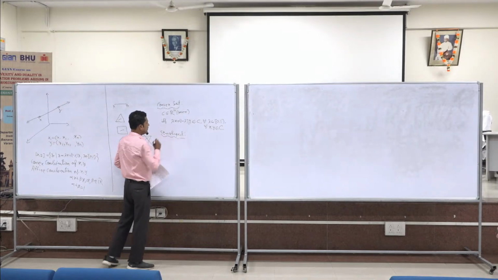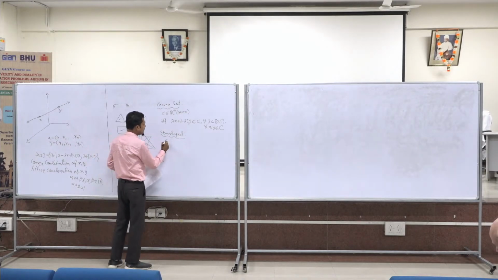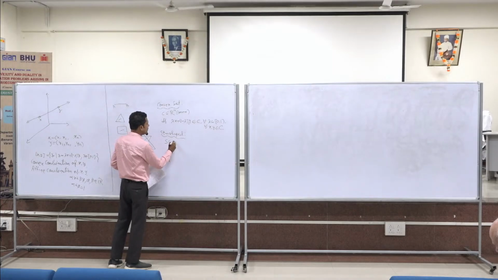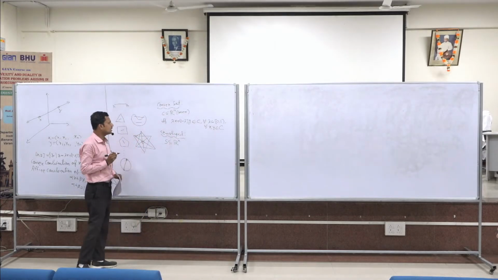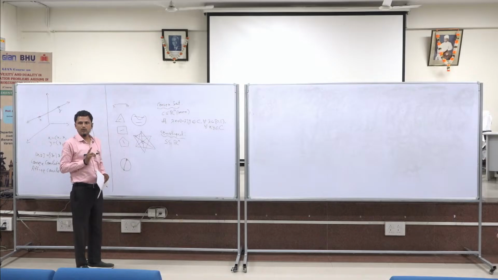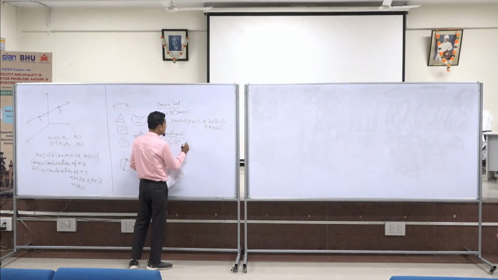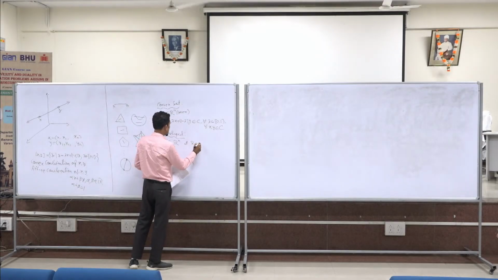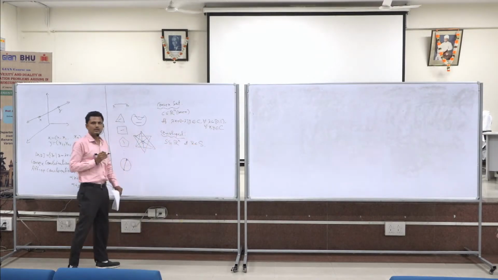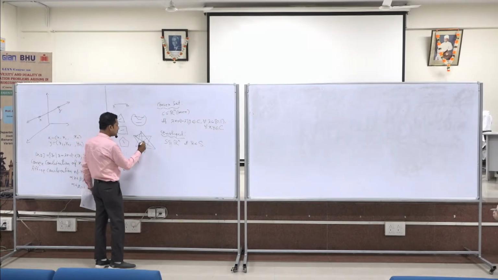Suppose S is a subset of Rn and it is star shaped at a point, say x bar in this set S. So this is the point x bar.